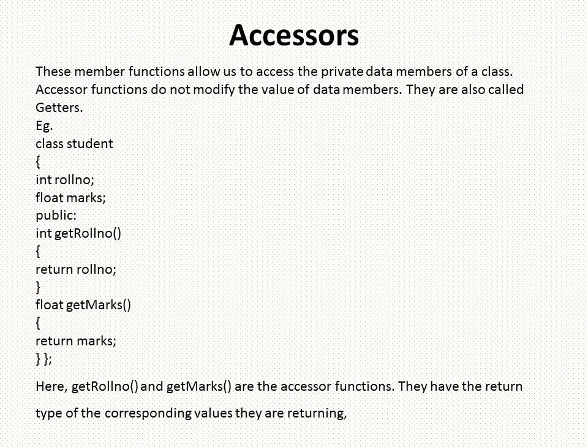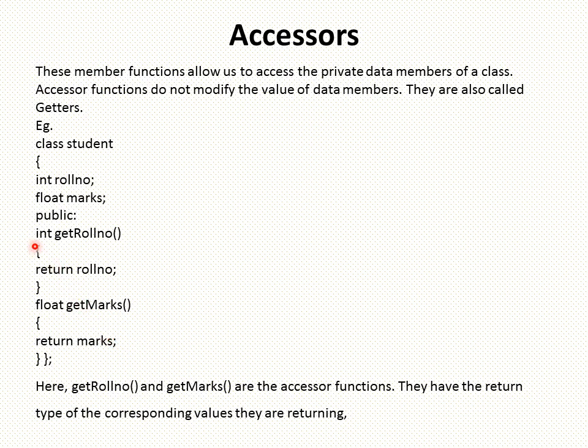See this example: class student, int roll number, float marks. These two are the private data members of this class, and under the public section you can see the first member function, int get roll number, which returns the roll number, and the second function, float get marks, returns the marks.